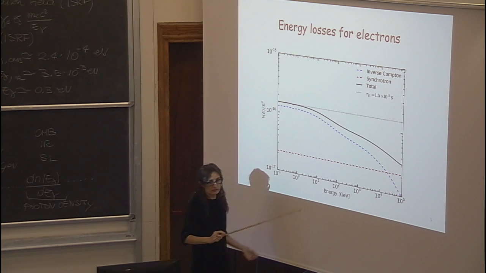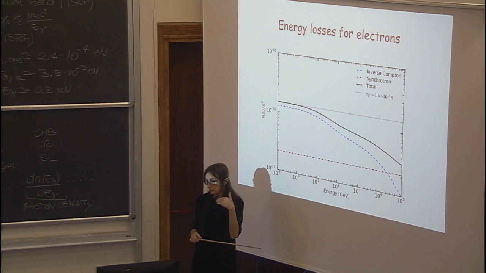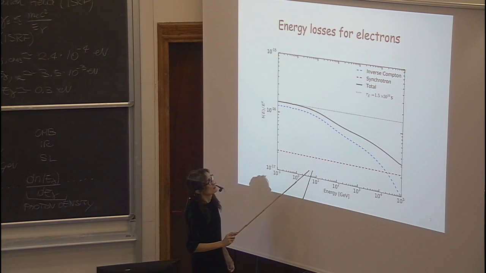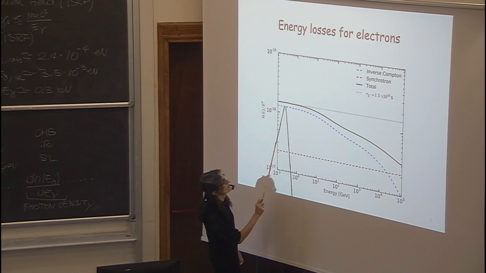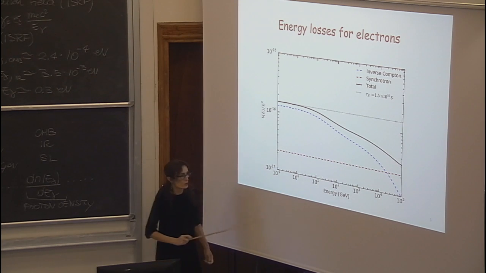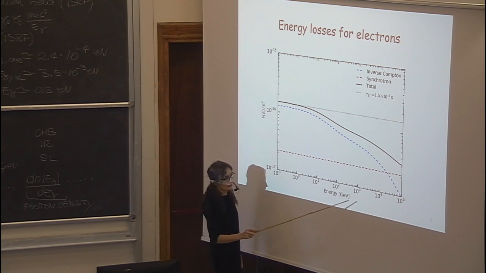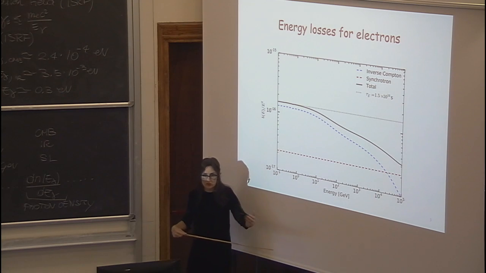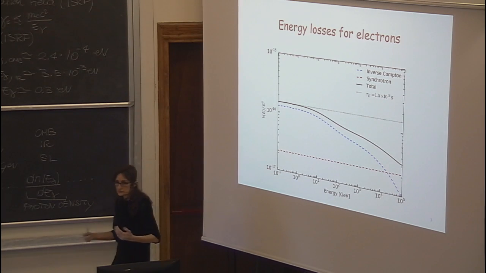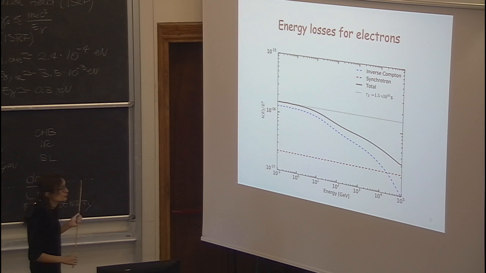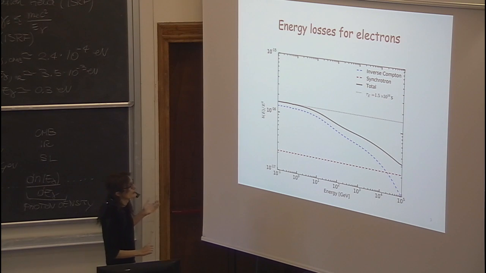Synchrotron emission, if the magnetic field is constant, is a constant term. And it is this one. And inverse Compton is this one. So you can see that there is an energy above 10 TeV in which the two change their mutual relevance.